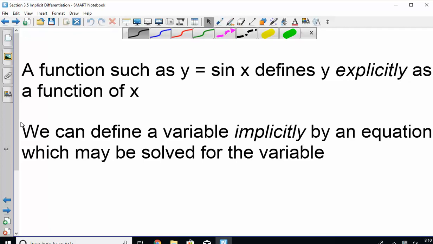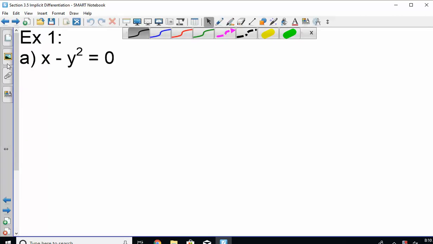But sometimes you have functions that are implicit, meaning you might have your y somewhere else in the equation. For instance, if I gave you x minus y squared equals 0. If I just asked you, let's just solve for y here, practice that for a second.